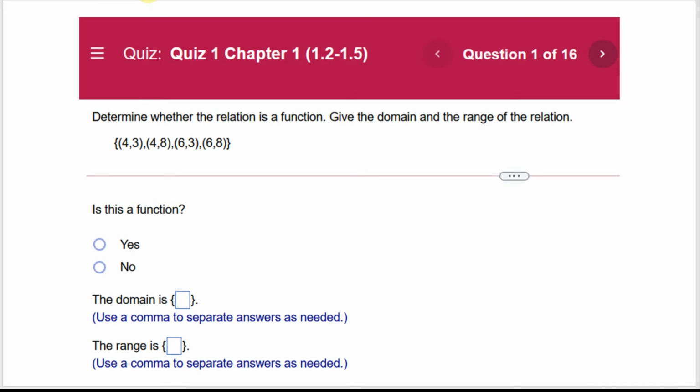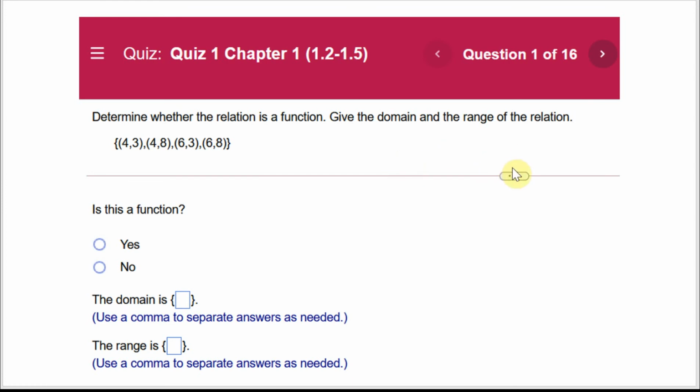And then we talked about the domain, which would be the independent set. The domain, where we're coming from, and then the range, where we're going.